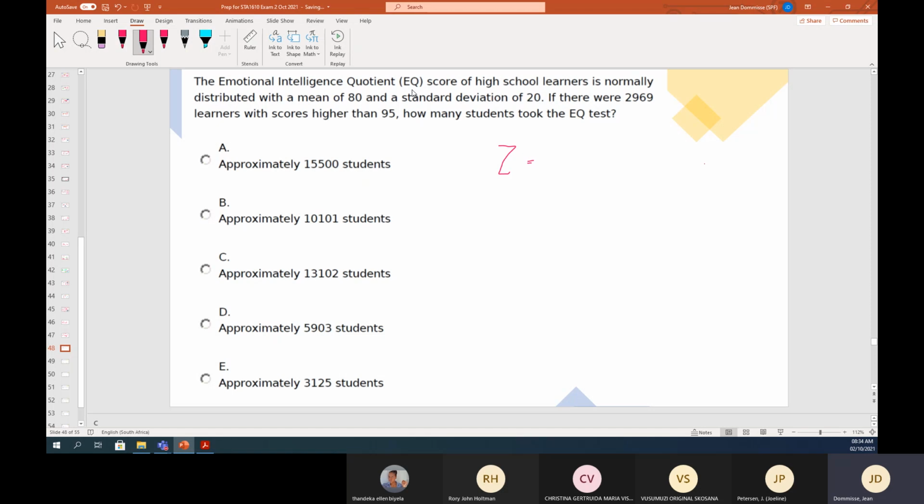The emotional intelligence quotient score of high school learners is normally distributed. So we know we work with a Z, with a mean. So we have a mean of 80. We have a standard deviation of 20.